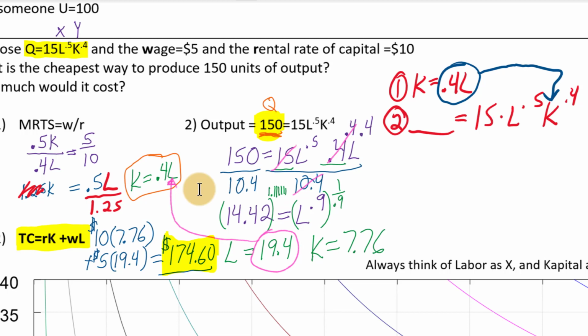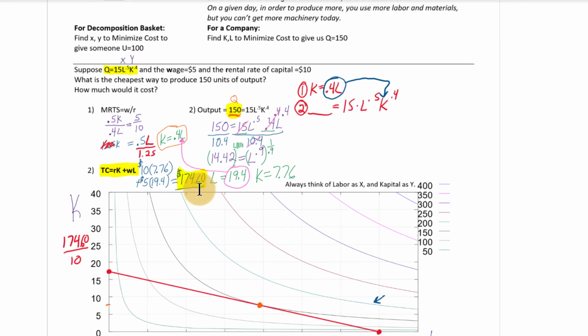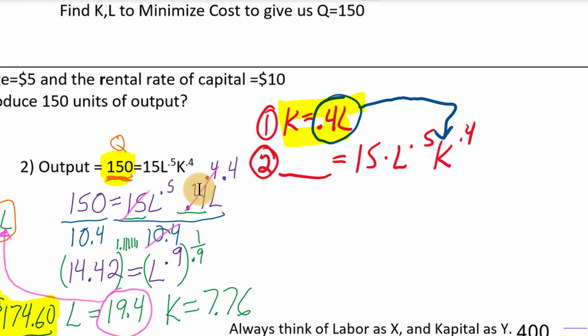But when you have a Cobb-Douglas production function like this, it's actually a lot simpler if all you want to do is figure out what the expansion path looks like. And here's how we can do it. Let's just look at this equation, K equals 0.4 L, and let's graph it.